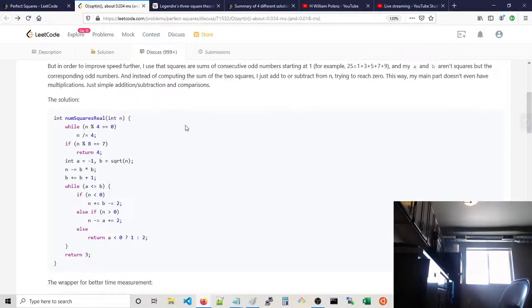But I guess really what we're looking for is whether or not it's the sum of 2 perfect squares, right? That's really what we're looking for. And if it's not, now you could.